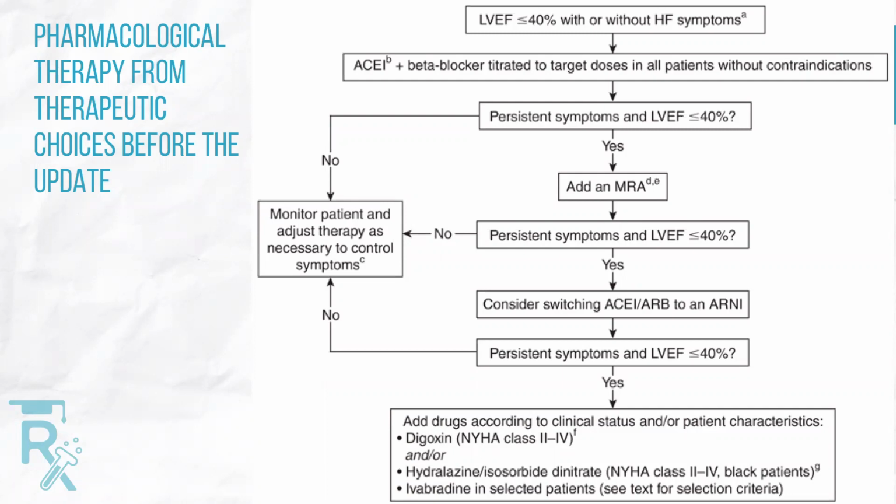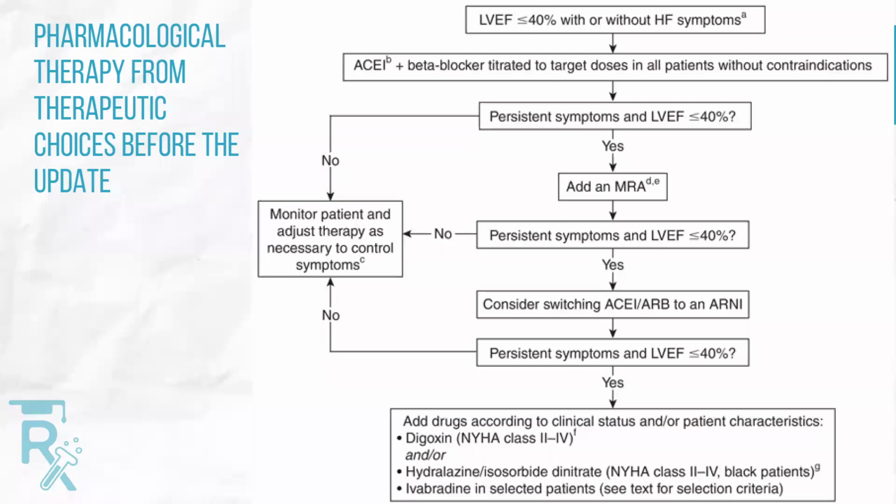Okay. This combination was found to reduce mortality and hospitalization, but I need to keep in mind that I shouldn't use it if the potassium level is more than 5.2 millimole per liter, or if the glomerular filtration rate is less than 30 mL per minute. Okay.